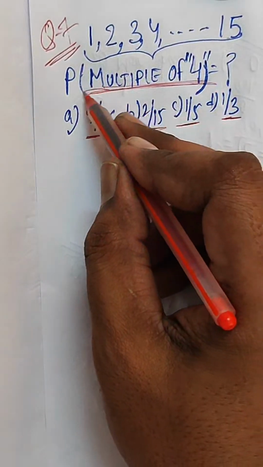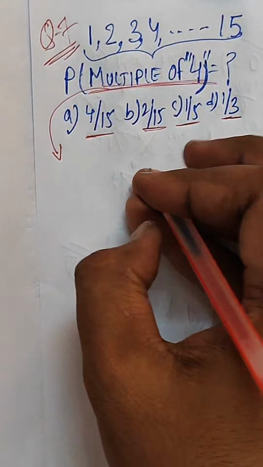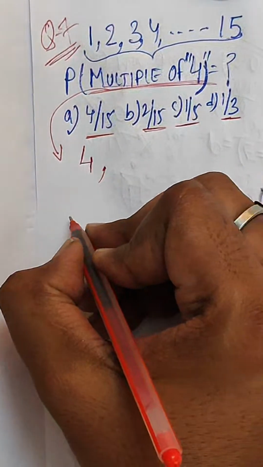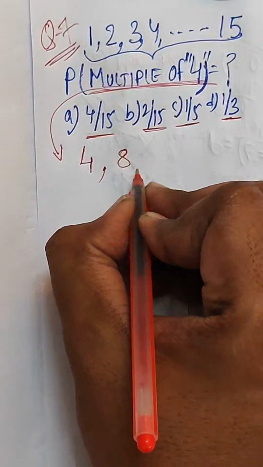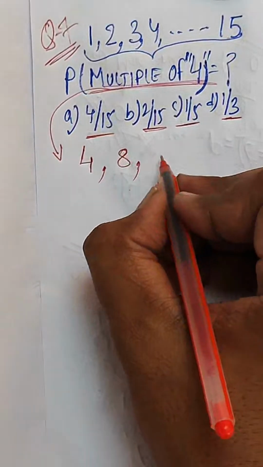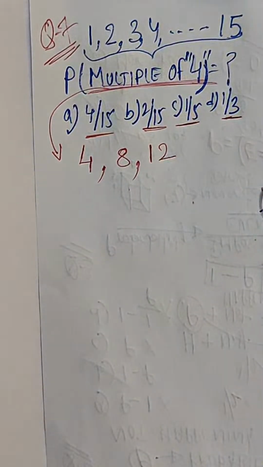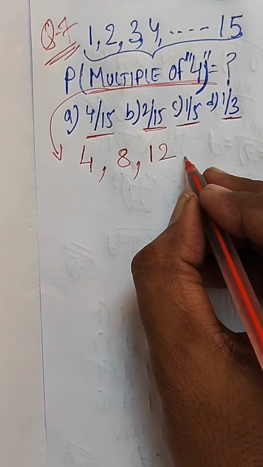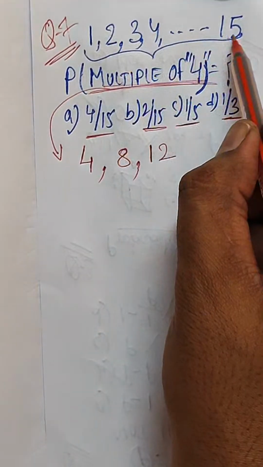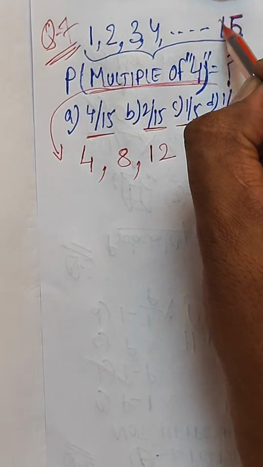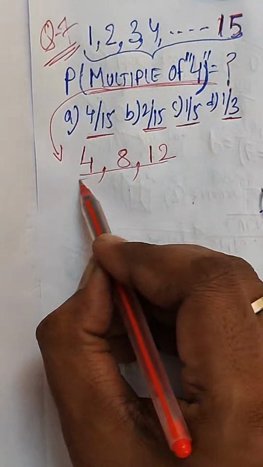So the multiples of 4 from the numbers 1 to 15 are 4, then 8, then 12, then 16. But we have only 15 numbers with us. This is the last count, 15, right? So we have only 3 numbers.